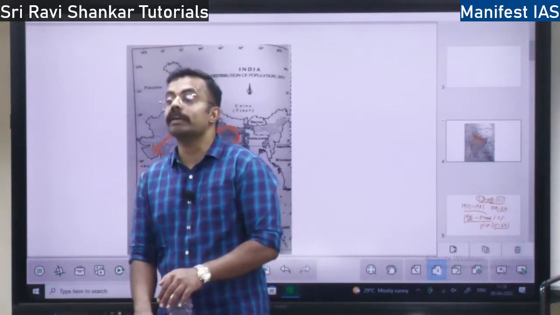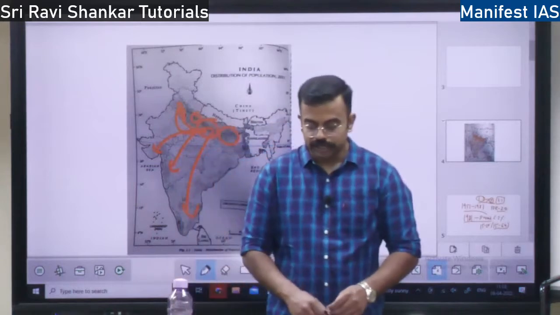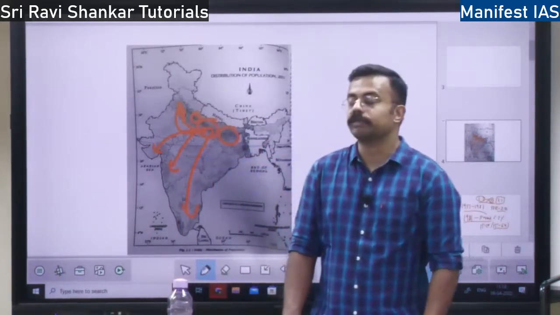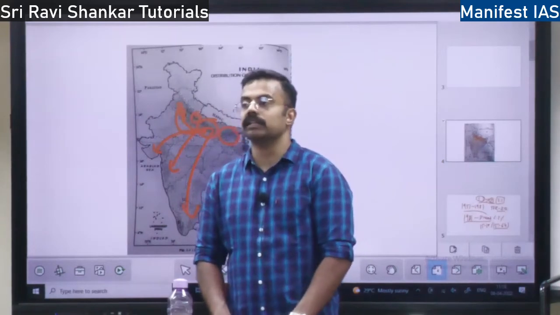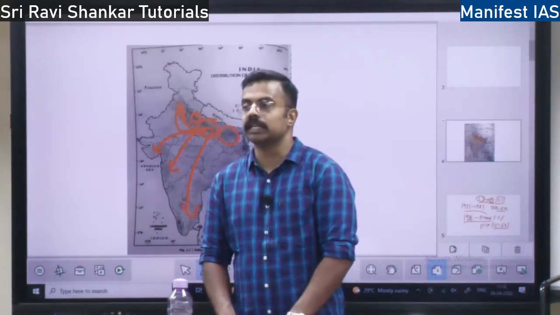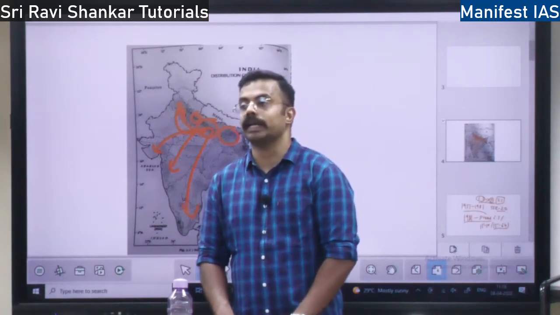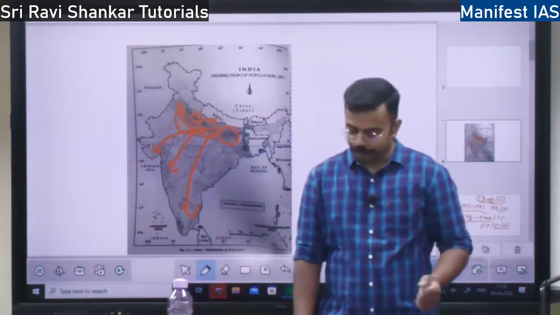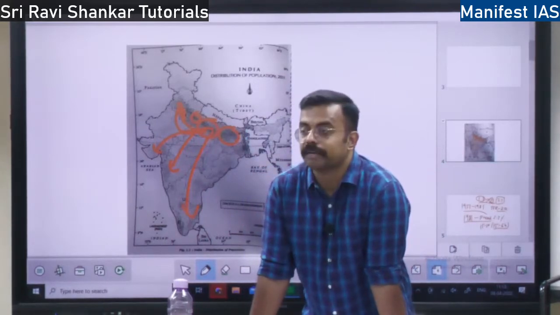Intrastate means moving within the boundary of the state. Within internal migration you have four types: rural to rural migration, rural to urban migration, urban to urban migration, and urban to rural migration. Understood? Very simple concept.